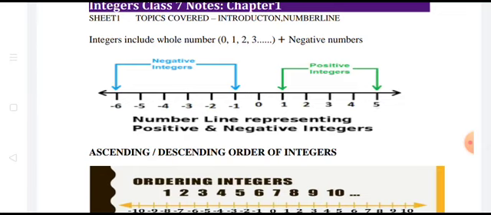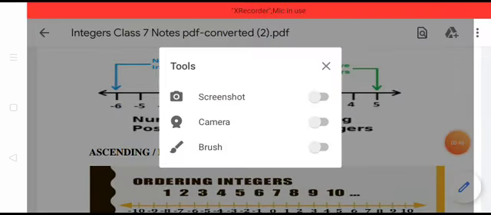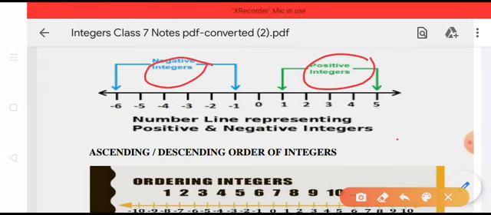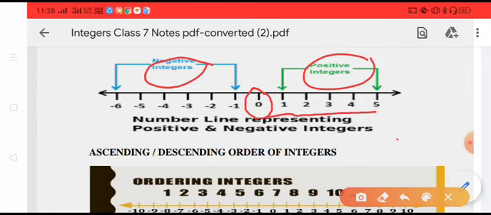As you can see, there are positive integers, and these are the negative integers, and you know very well 0, 1, 2, 3, 4, those are the whole numbers.